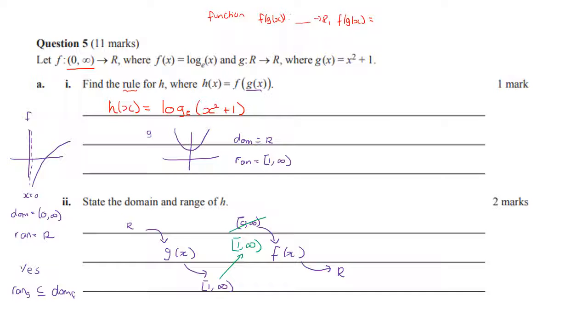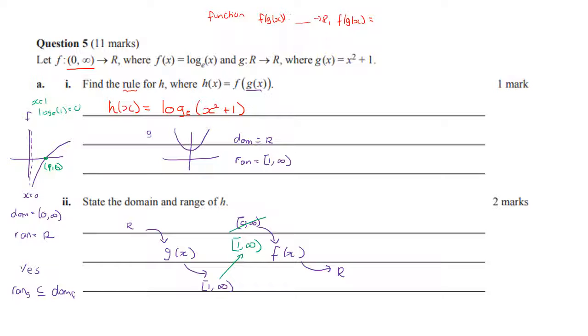If I only put values from 1 to infinity in here, I need to find what happens when x is 1. So if I substitute x is 1 into this f function, I'll get log e of 1, which is 0. So I get this point here, the point 1, 0.